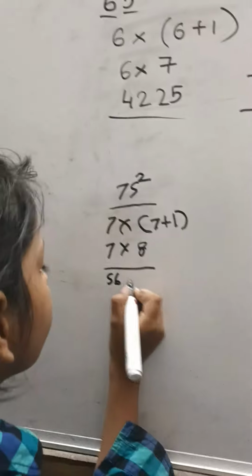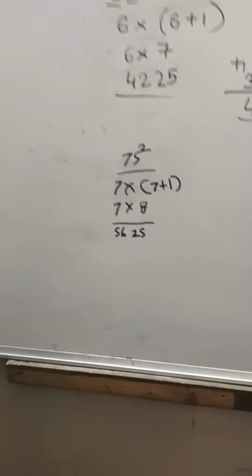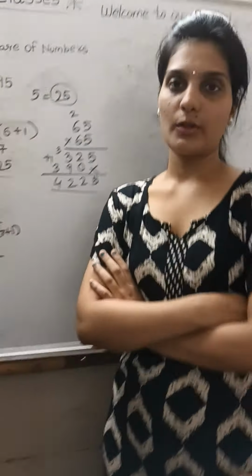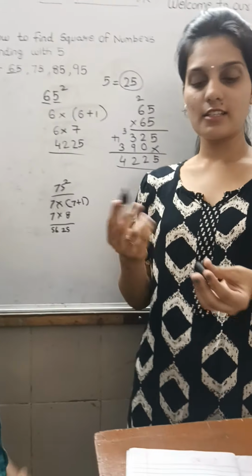Now we'll take the square of 5, that is 25. So we got the answer 5625, that is the square of 75. We can calculate and even check whether it is wrong or right.